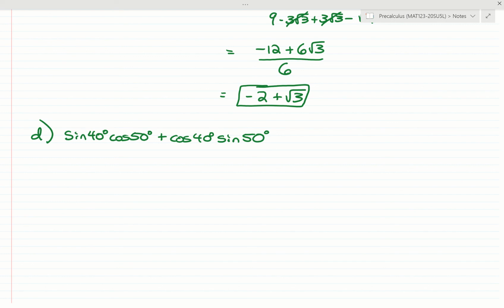And remember, the formula for the sum and difference of cosine is cosine, cosine, and then whatever sign, and then sine and sine, right? So this looks like a sine formula.